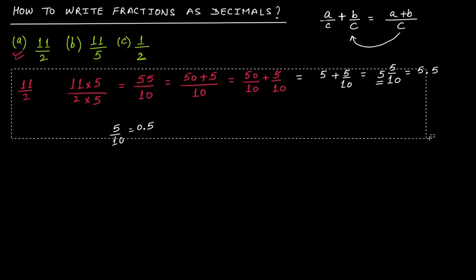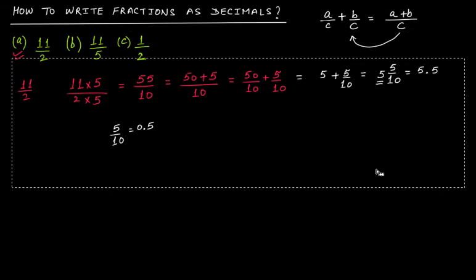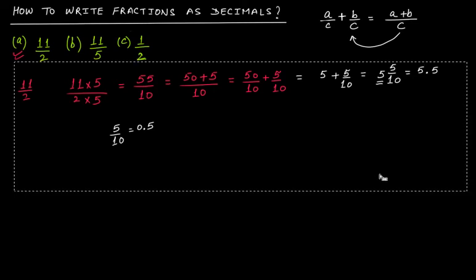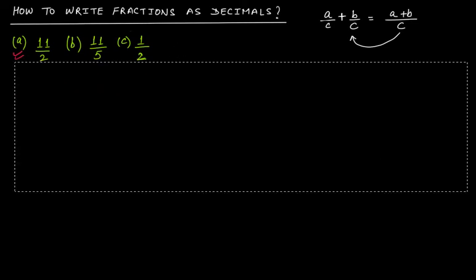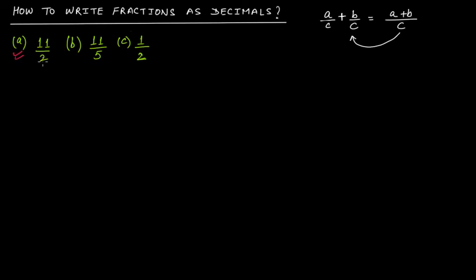Let's do for this one, for the B. We have 11 over 5.